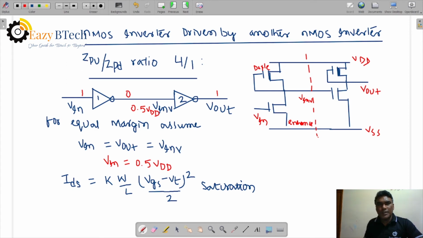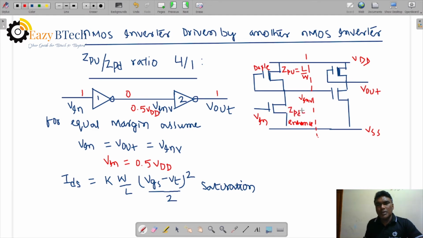So this is Z pull up. Z pull up is equal to length by width, the length of the channel and the width of the polysilicon, the impedance from polysilicon from gate to channel. Now here also, this is Z pull down.